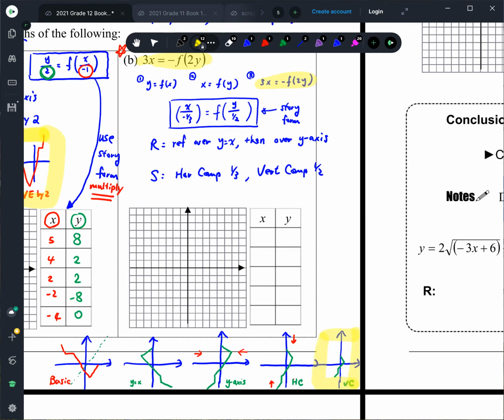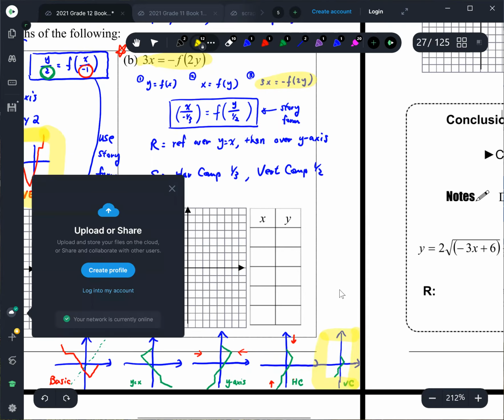Please raise your hand when you finish the graphs, the 5 pictures.